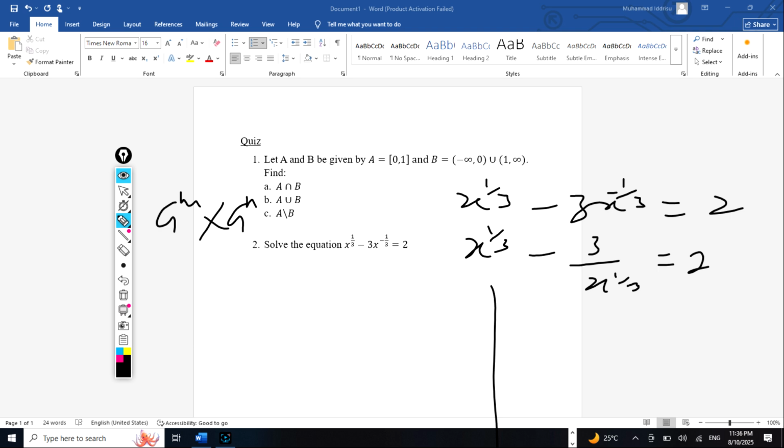So after multiplying, we have what? X to the power 2 on 3 minus 3 is equal to 2x to the power 1 on 3.